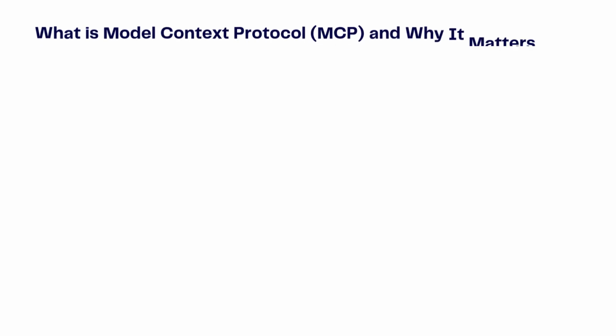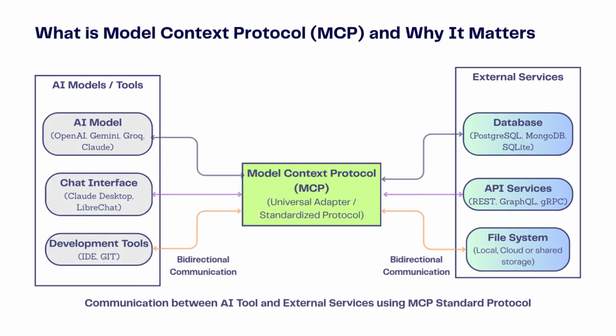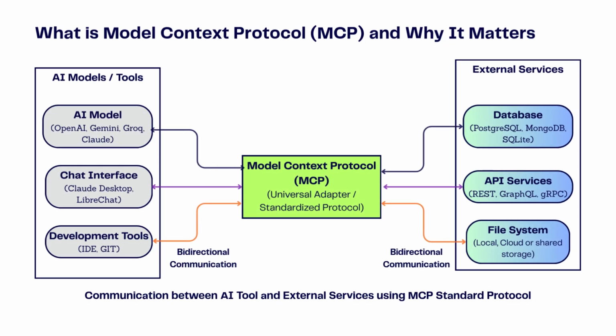So before we dive into the code, let's quickly recap what MCP is all about. The Model Context Protocol is an open standard designed to help AI models access and interact with real-world data sources, APIs, and tools in a structured and secure way. Instead of relying on ad hoc prompts or plugins, MCP allows models to communicate with external systems using a consistent protocol, enabling reusability and better context management.